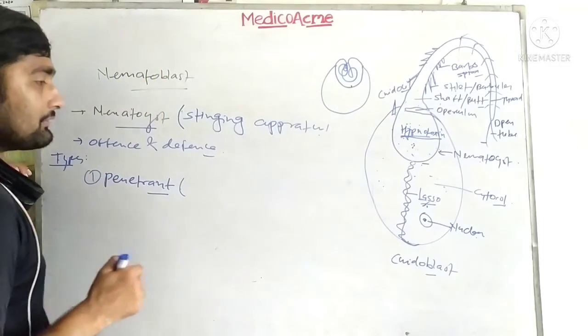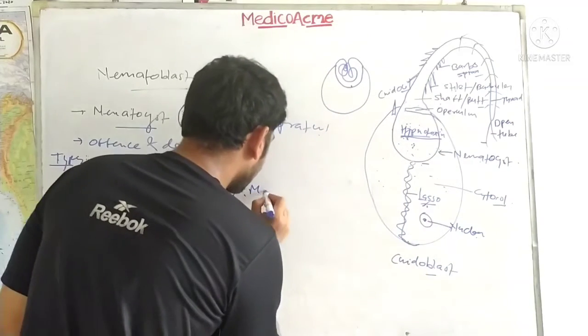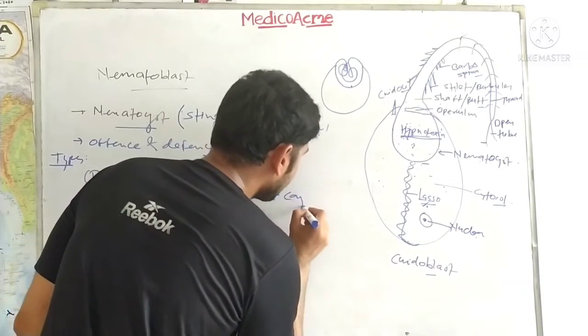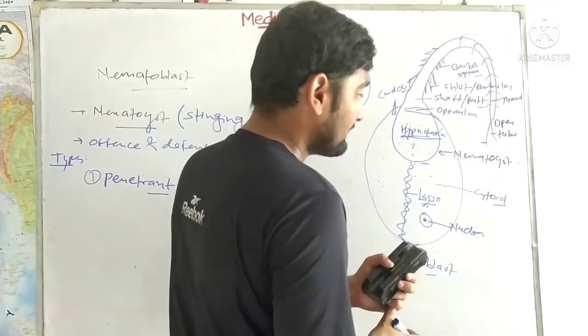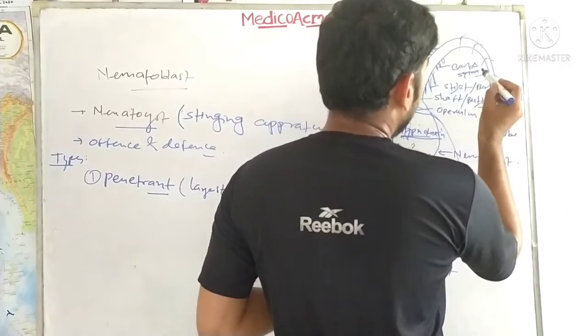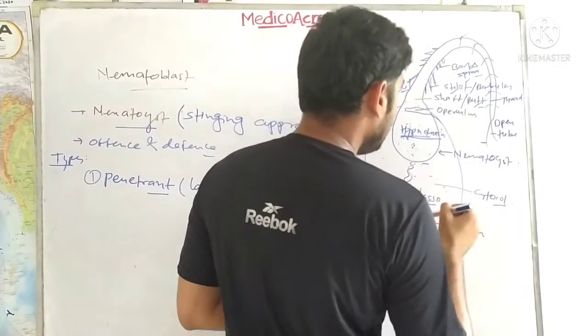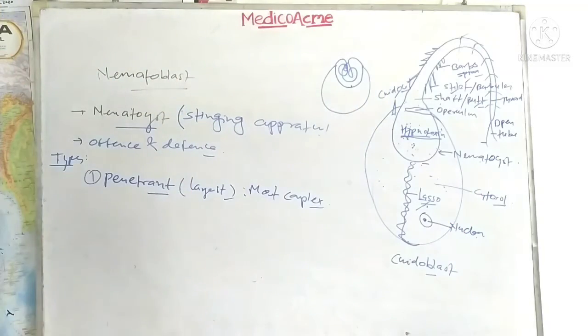First one is the penetrant, which is most common and largest. This is the most complex, most widely used by the cnidarians, and it has all the things: butt, stylet, spines, nidocele, lasso. So it is the true nidoblast.